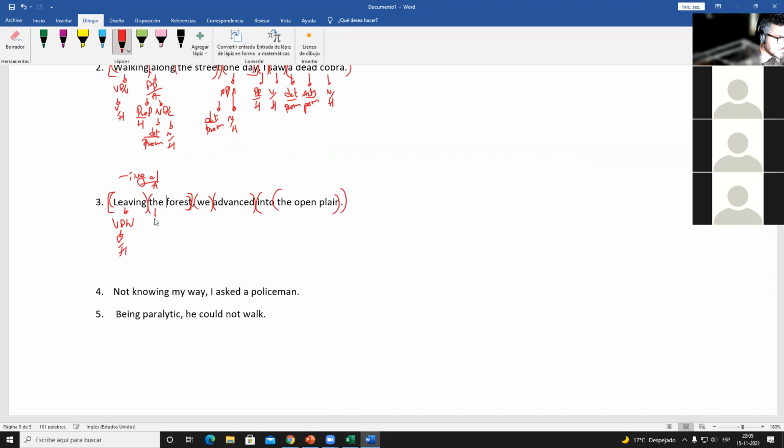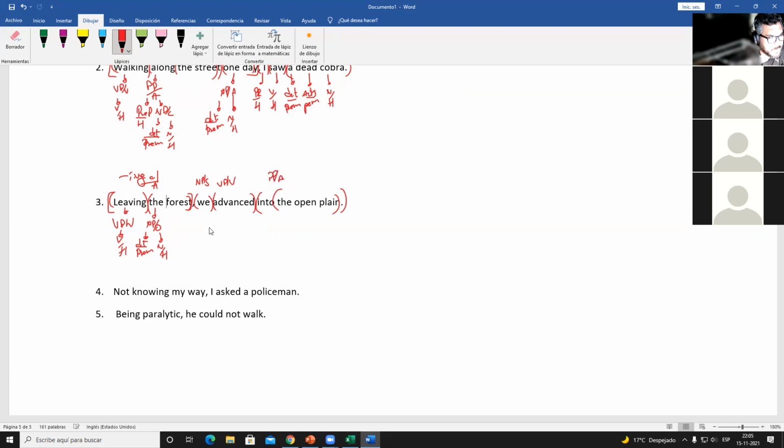Y si se dan cuenta, chiquillos, es exactamente lo mismo que estábamos haciendo atrás, solo que lo dimos una vuelta pudiendo explicar qué rayos es una non-finite. Leaving what? The forest. We advance where? Into.